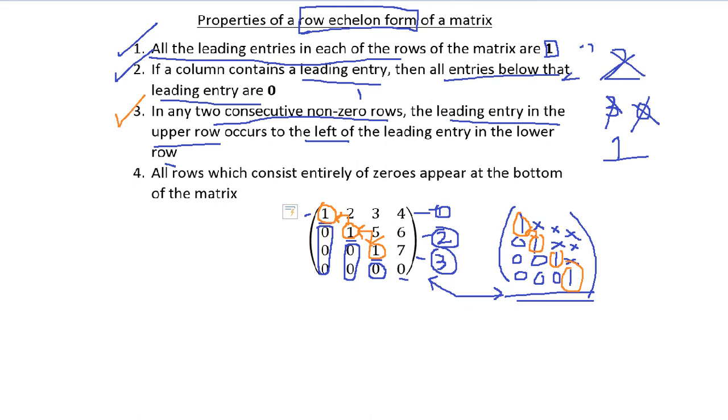How about this one? All rows consisting entirely of zeros, should there be any, must appear at the bottom.